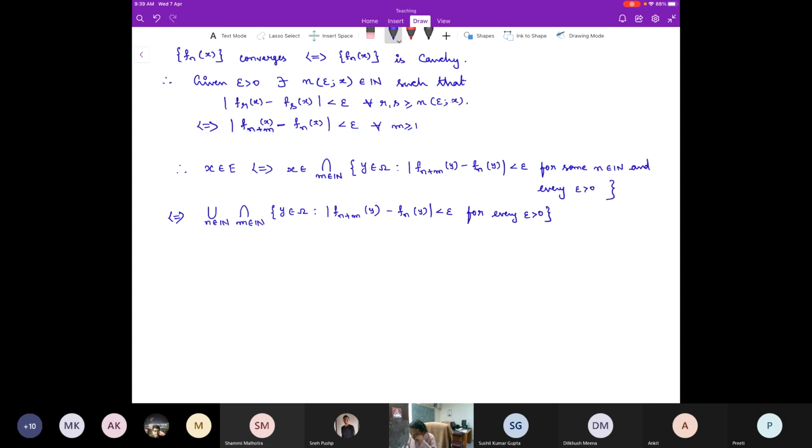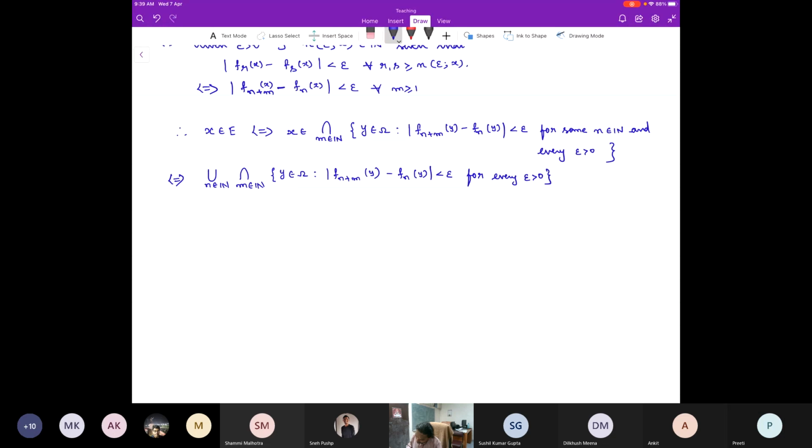So for each n, this is going to happen, so for some n, this is going to happen. Therefore, we have put a union. And now this is true for every epsilon positive, and therefore this is intersection over epsilon positive, union over n in N, intersection over m in N, all those y in omega such that modulus of f(n+m)(y) minus fn(y) is less than epsilon.